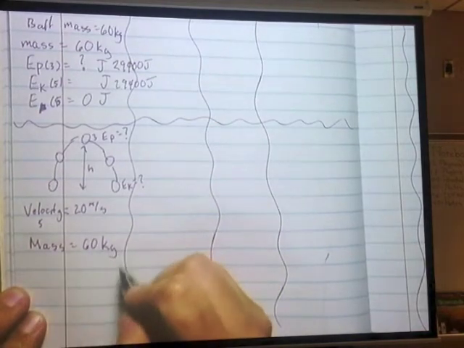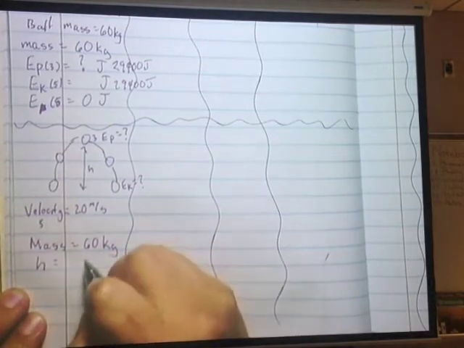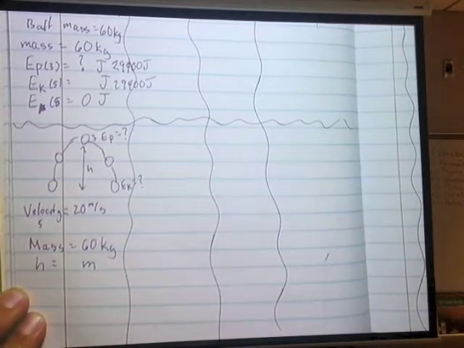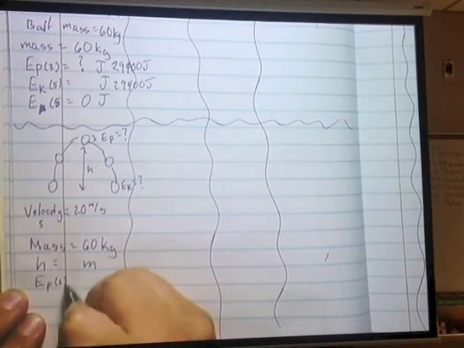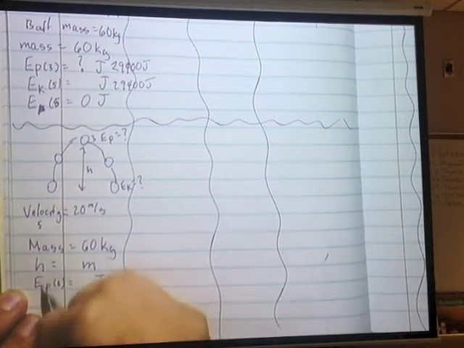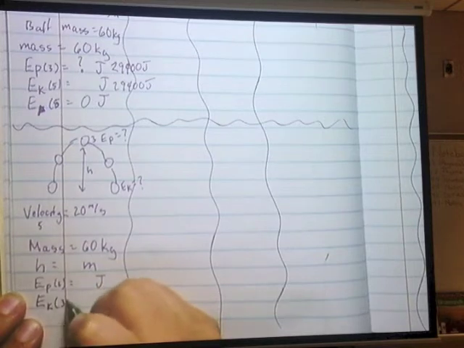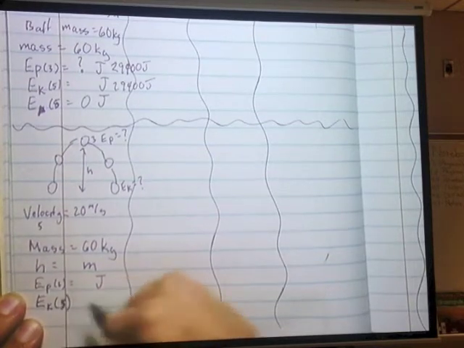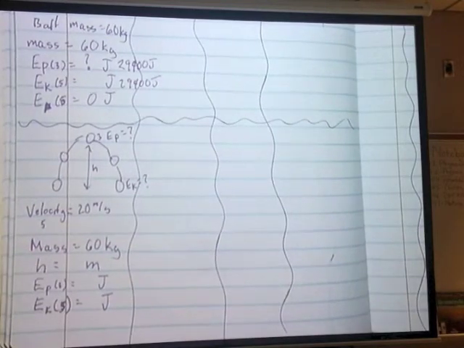Mass I have 60 kilograms. I don't know the height, but I know the height will always be in meters. I don't know the potential energy at 0.3, but I know that the unit is joules. I don't know the kinetic energy at 0.5, and I know that is joules. So that's what I know.